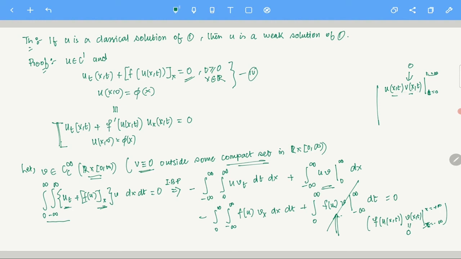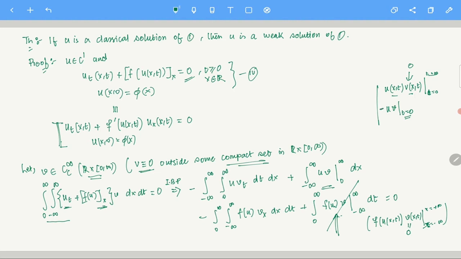So essentially one part of this is 0, and you are only left with v evaluated at t equals 0. At infinity it is not there, so that particular term is there with a negative sign. Clear?